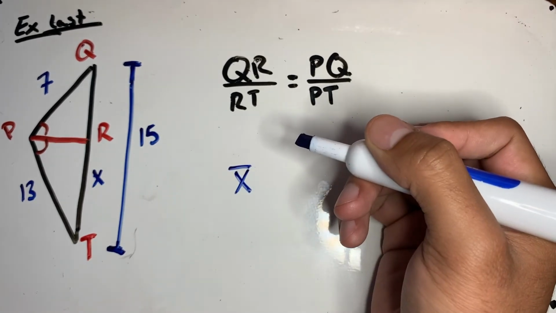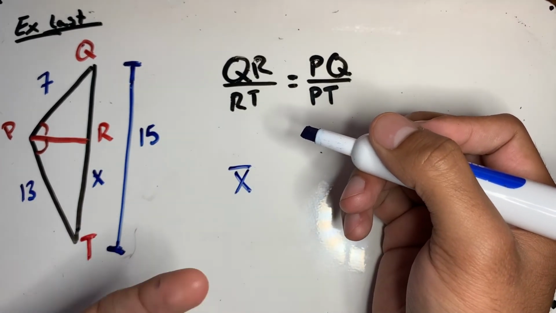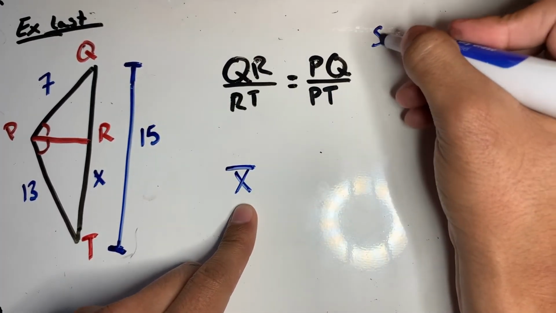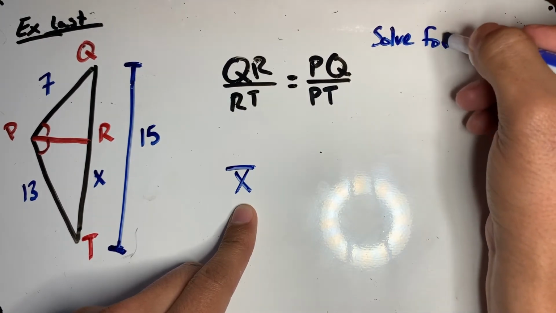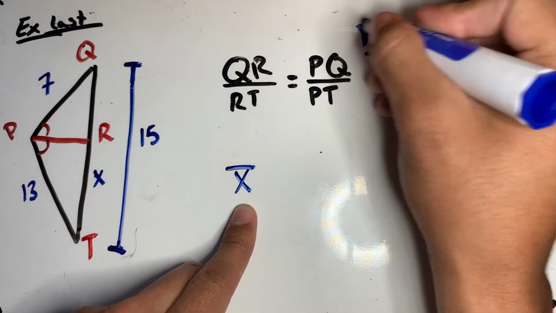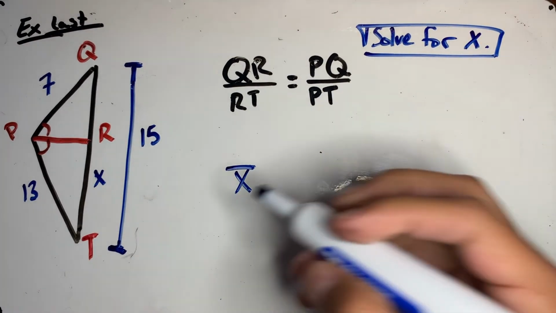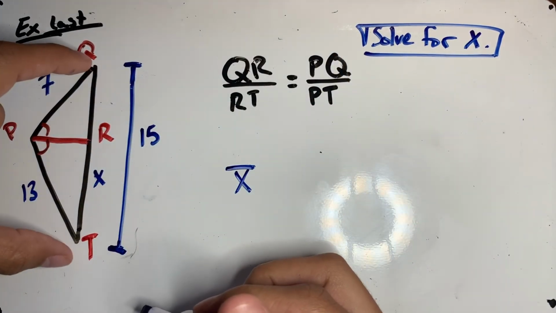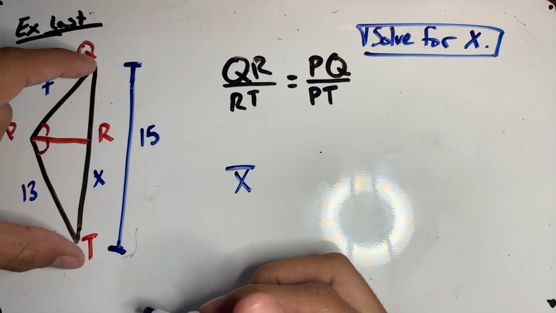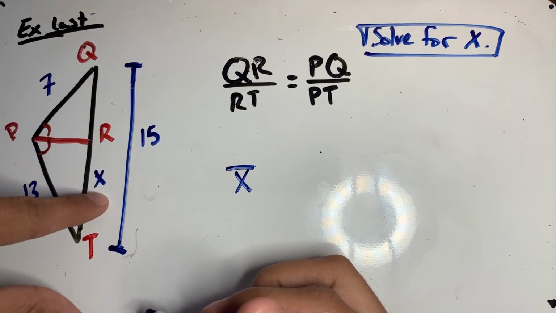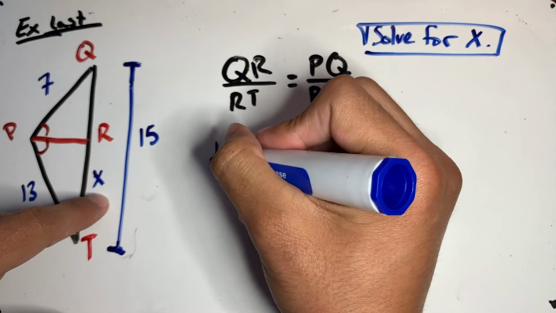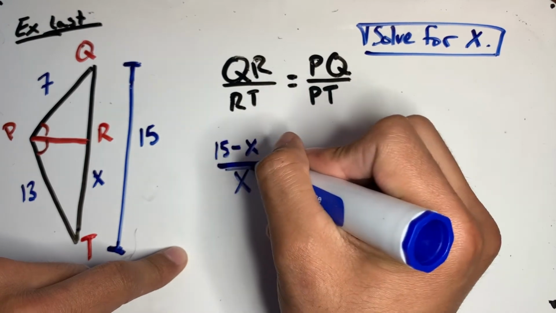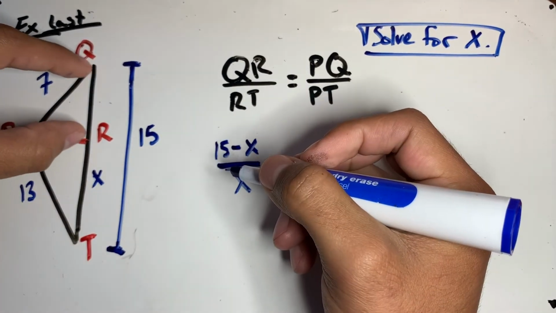Oh, and if you didn't know what this problem is asking you, you're solving for X, okay? Like most math problems, you solve for X. Anyways, solving for X, if we know this segment RT is 15, and we know this part is X, then we can do 15, this is the entire part, minus X, and that is going to be this little slither.